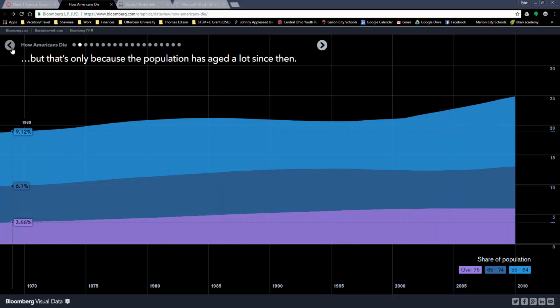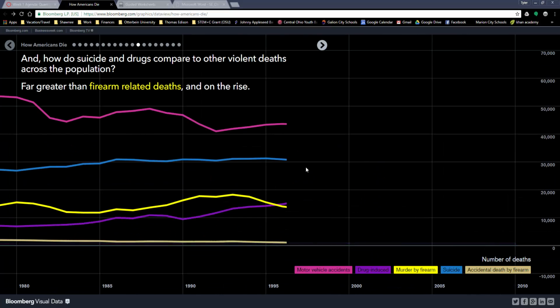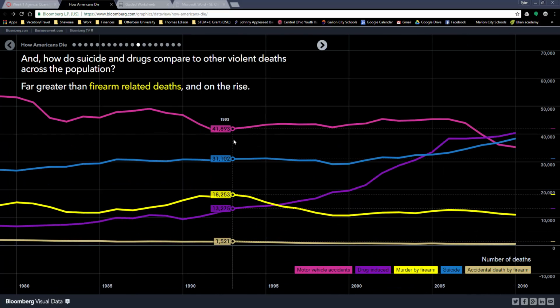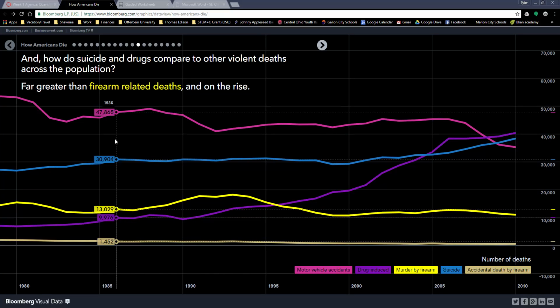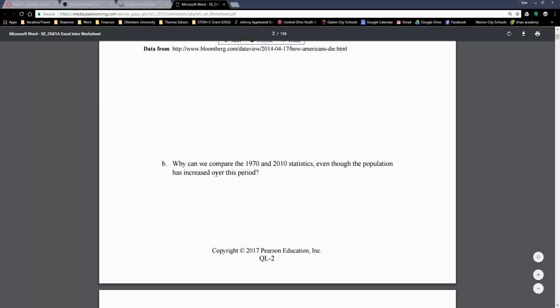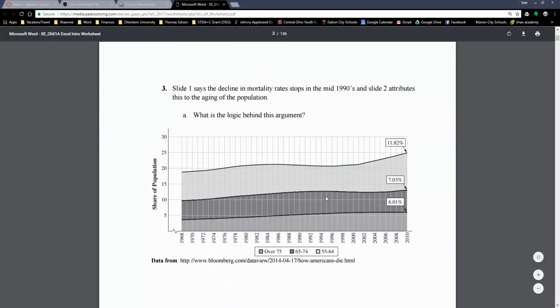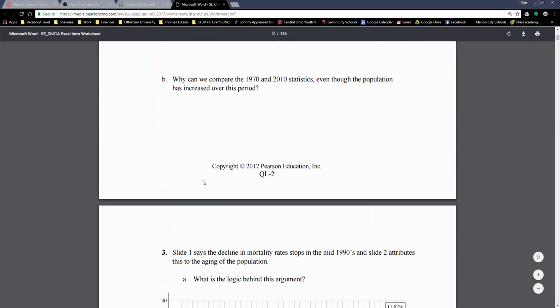I can also go backwards, and I can click on specific ones. We get all different types of graphs and information. It's a really cool interactive site. In some of these questions, it's sometimes a lot easier to look at that than the pictures that are provided.